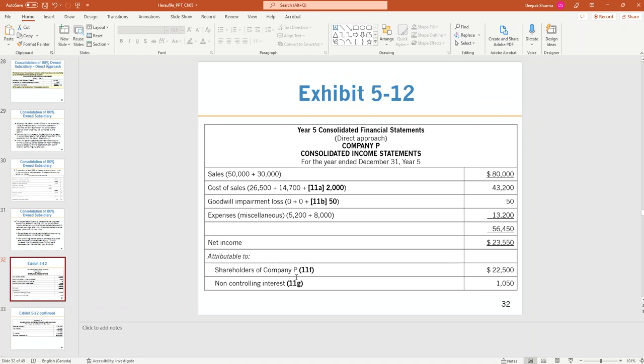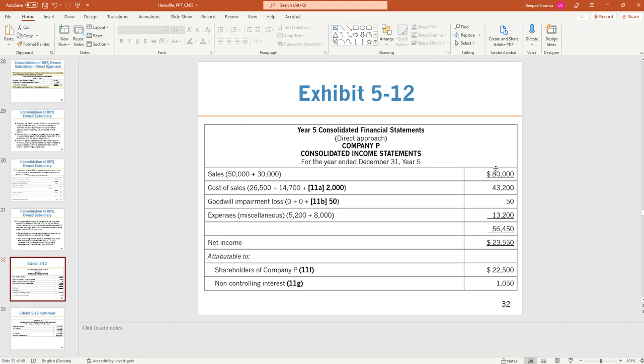So here is your consolidated net income, exactly what we did previously. Now we're doing it in a more formal way. We look at the consolidated numbers and then allocate that. From here you need to allocate between company P, the parent, and NCI.